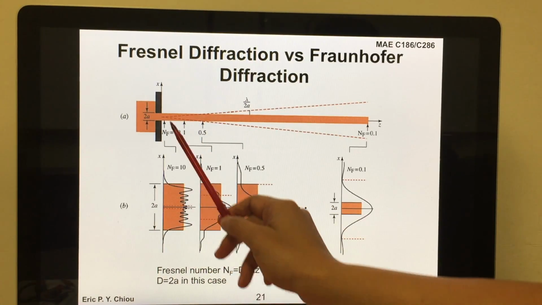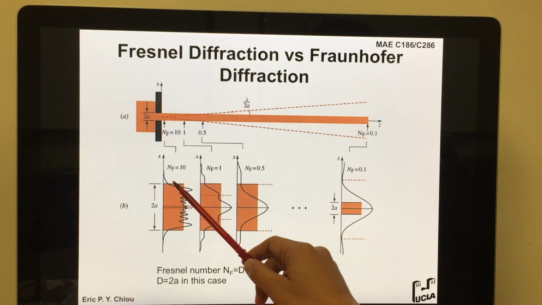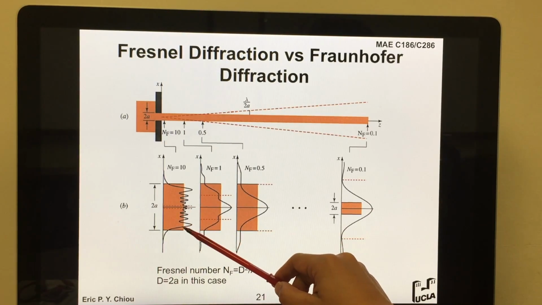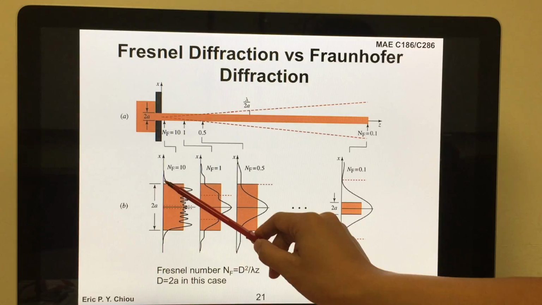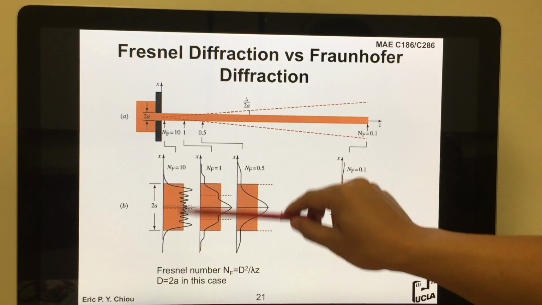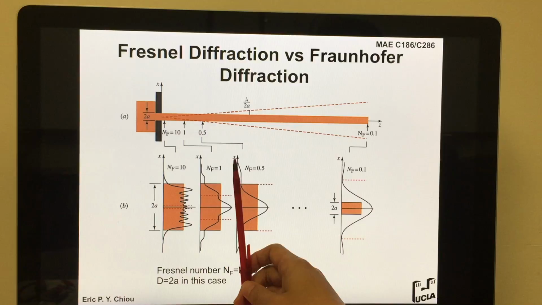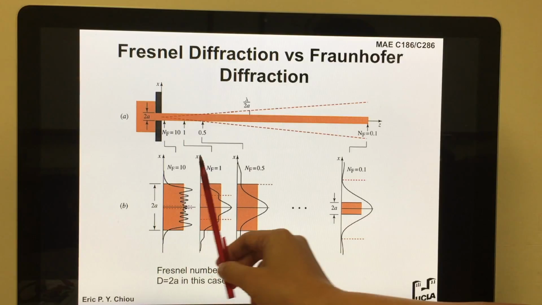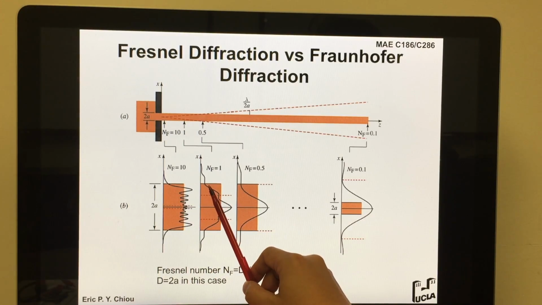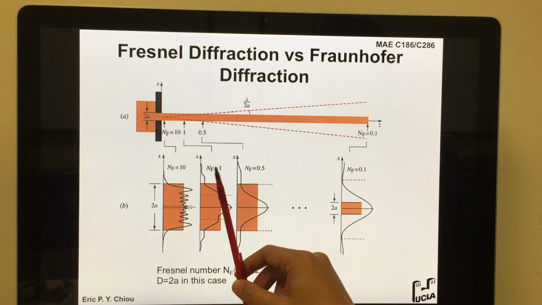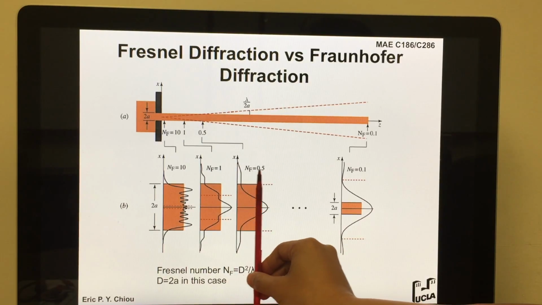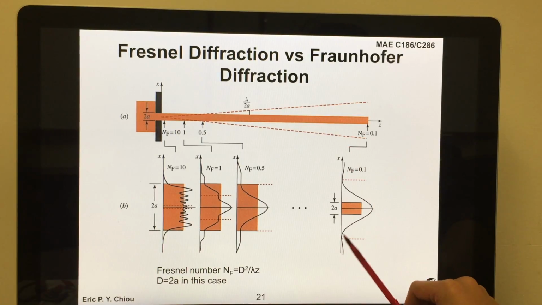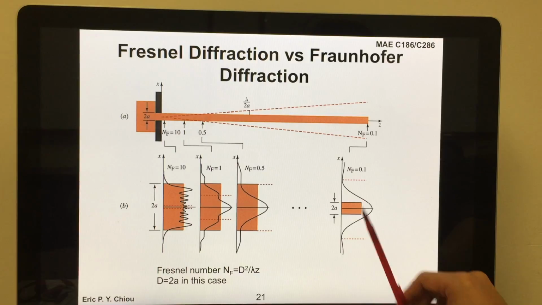Now, after you propagate some very short distance, you will start to see your pattern start to change, but still having a shape very similar to the original pattern, which has very sharp edges. But when you start to propagate in space, you will see that the optical pattern keeps changing, until after some certain distance the pattern starts to get fixed.